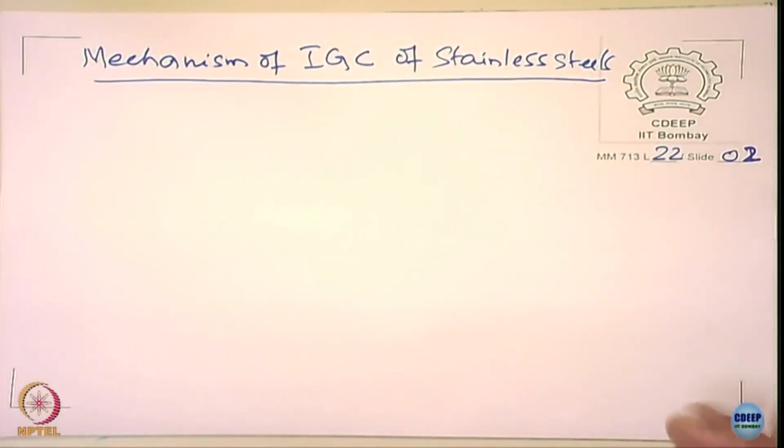Please notice that the mechanism of IGC of stainless steels is not the same as the mechanism of intergranular corrosion of other kinds of alloys. So, you cannot just generalize this mechanism everywhere, and we see that, as an example, for aluminum alloys.